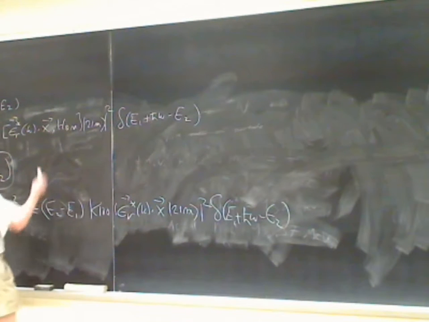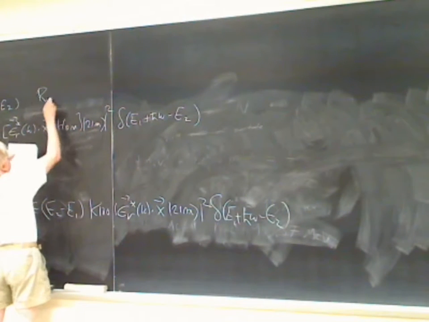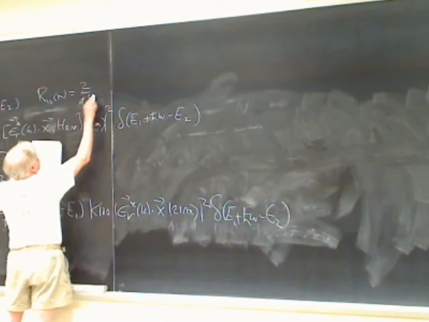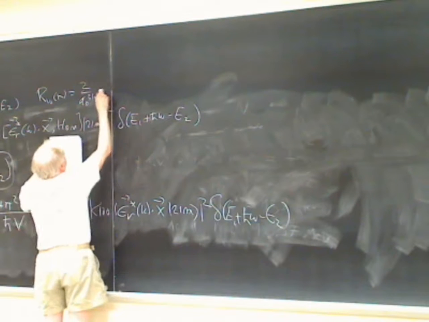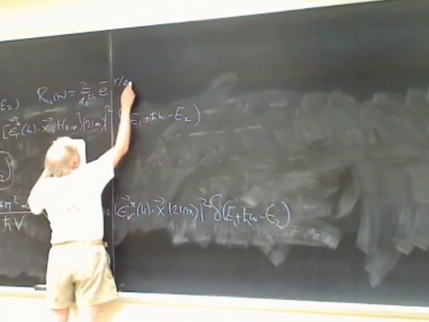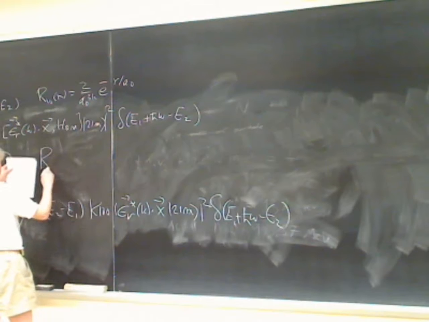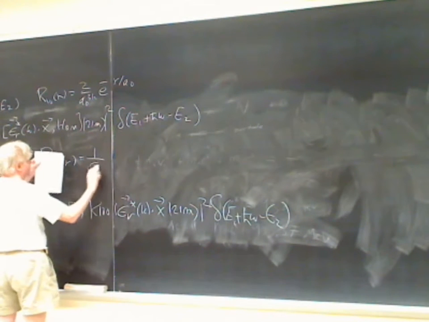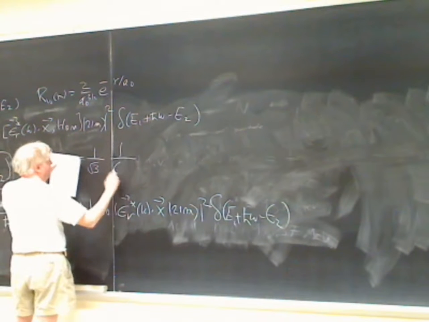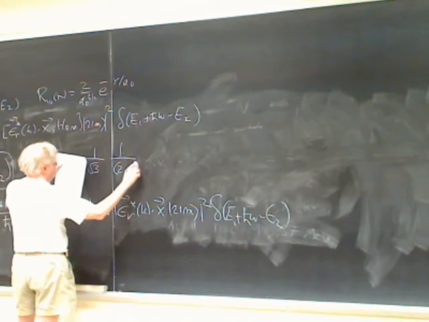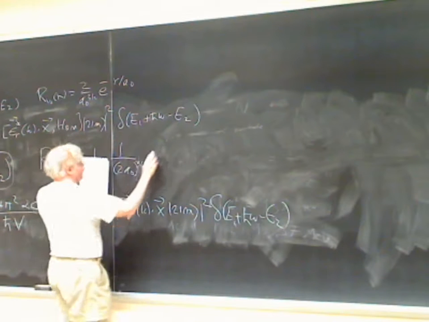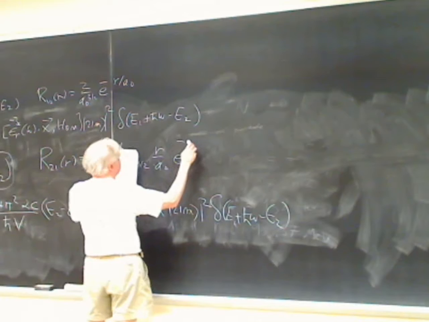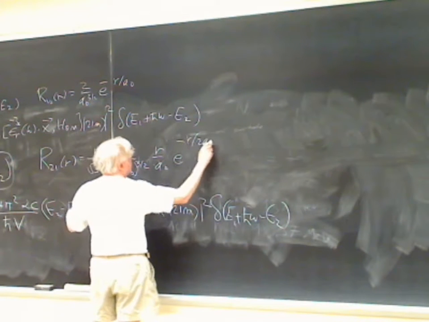And for that, we're going to use a couple of formulas, namely R10 of r is 2 over a0 to the 3 halves e to the minus r over a0, and R21 of r is 1 over root 3, 1 over 2a0 to the 3 halves, r over a0, e to the minus r over 2a0.